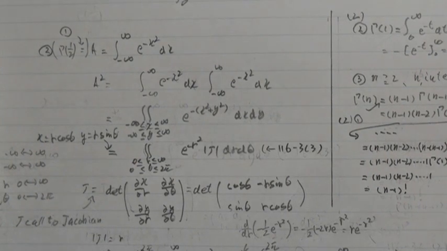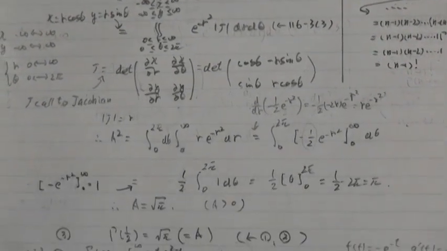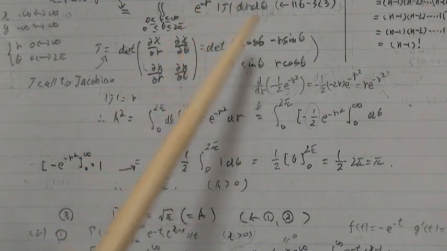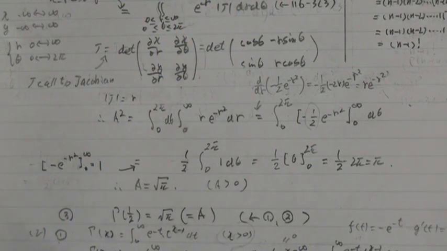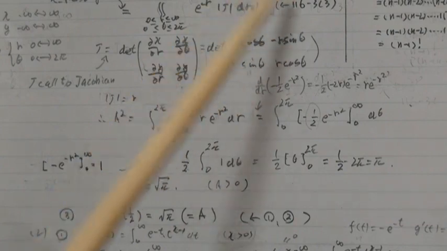Then A squared equals the integral of e^(-r^2) times the absolute value of J dr d theta.